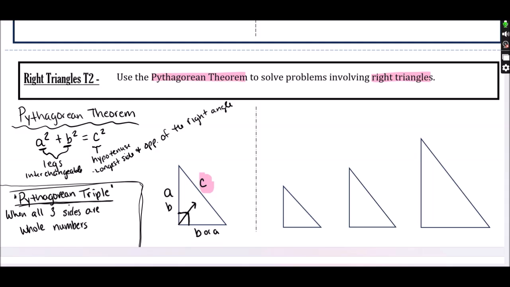Now, when you think about how we've used Pythagorean theorem recently, it's a lot of distances, especially on a coordinate plane, and we had a lot of decimals with that. So we rounded those. If we get a decimal answer, that's not a Pythagorean triple. If we get a whole number answer for whatever we're solving for, and the other two sides are whole numbers, that makes it a Pythagorean triple.